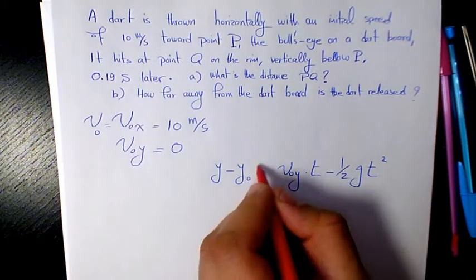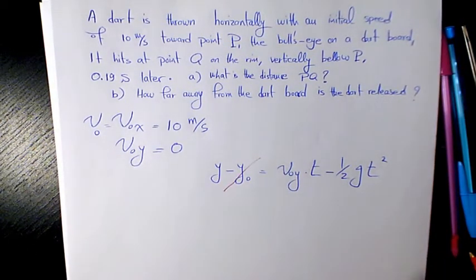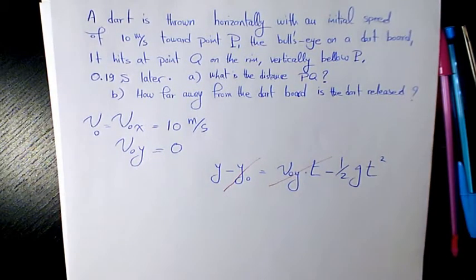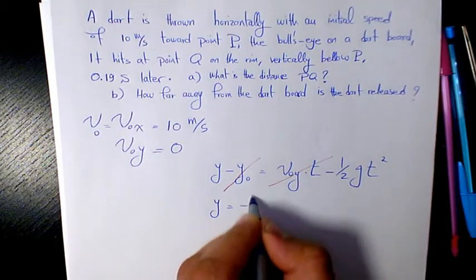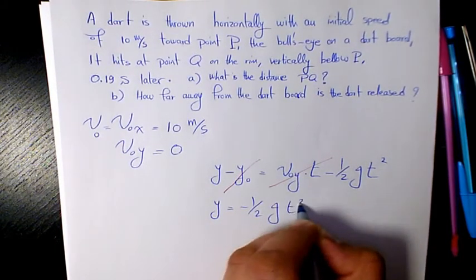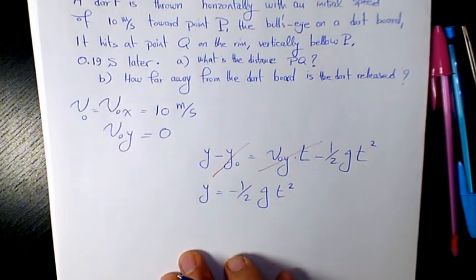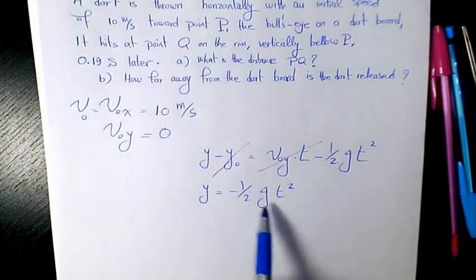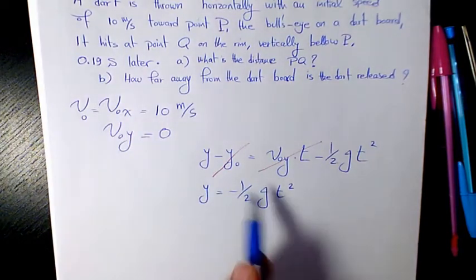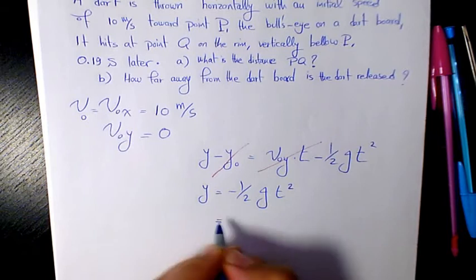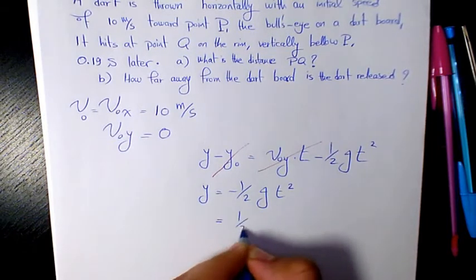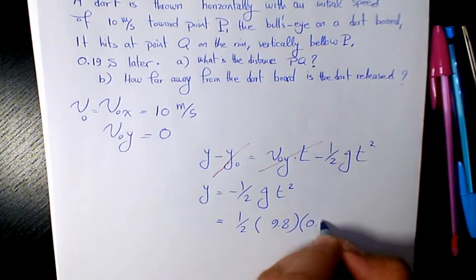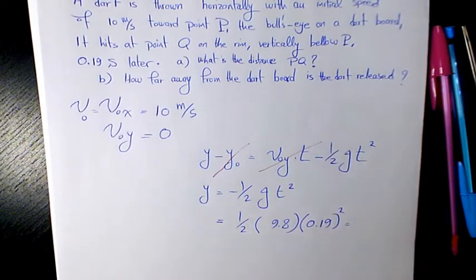If we assume y naught is 0, and v0y is 0, then y will be equal to negative half gt squared. We learned that t, the time, is 0.19, and g we know is 9.8. So we have 1 over 2 times 9.8 times 0.19 to the power of 2.